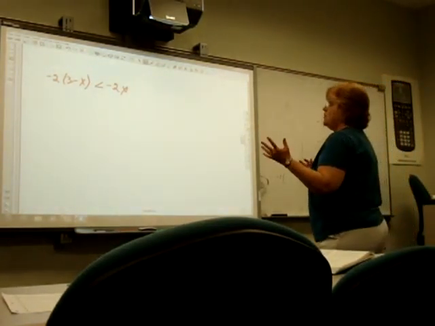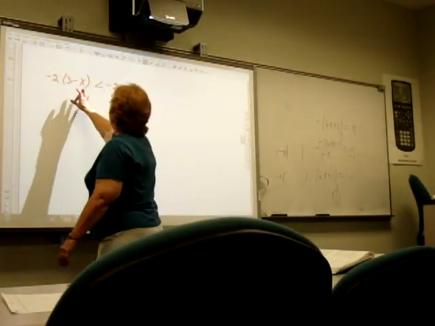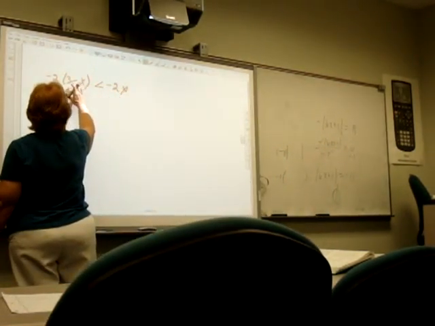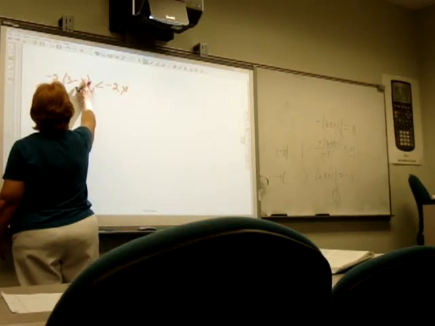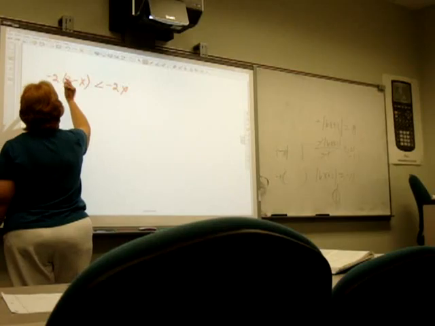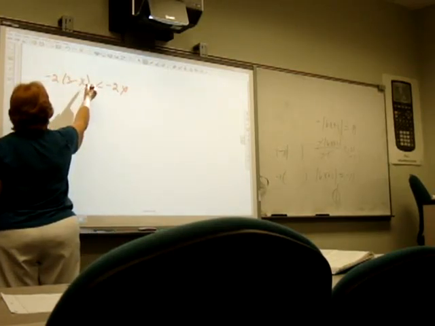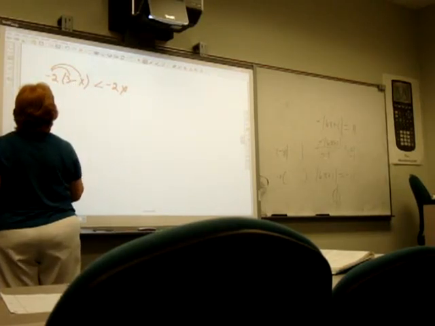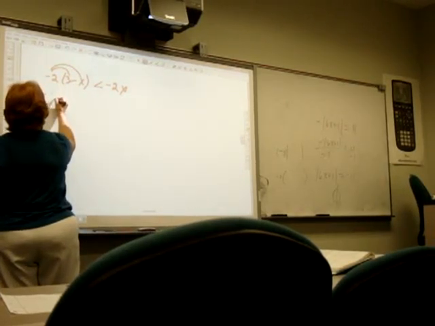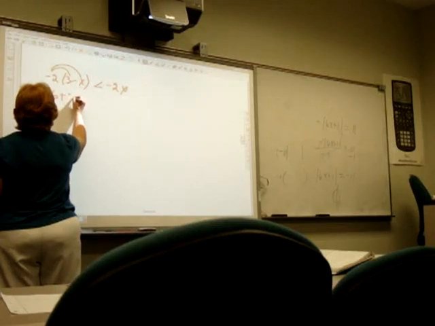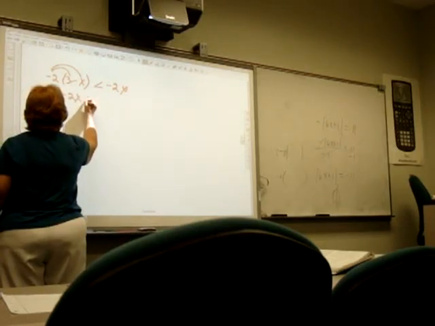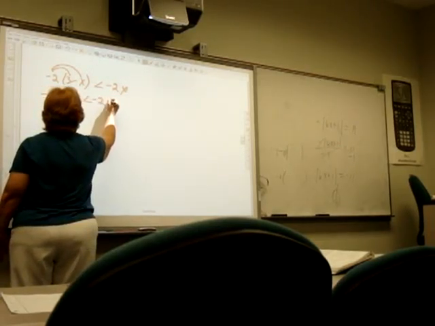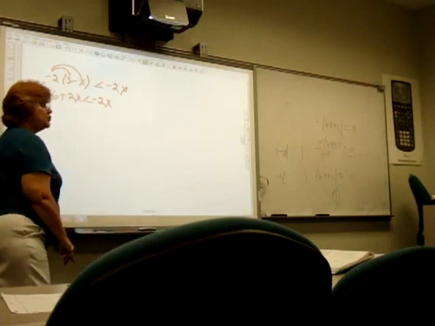All right, here again, we're still doing the same thing. I don't have any like terms here, so order of operations, clear the parentheses first, can't do anything inside. Move to the front, that's -2 times the whole parentheses, so from your distributive property, do your multiplication. You get -6 plus 2x is less than -2x. Now what are you trying to do?